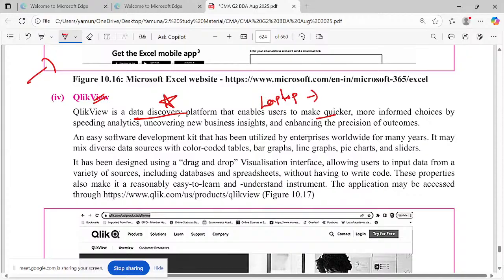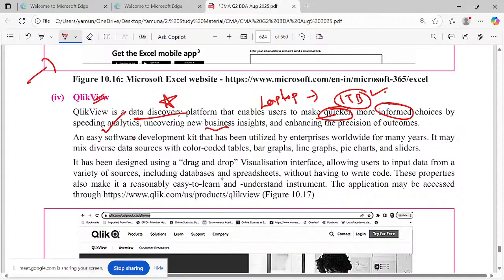I want to know the features, like how much hard disk capacity is needed. So probably I might be planning for 1 TB or more than that. So obviously I go for filtering. So that's a filter option. It may be helpful for you in making quicker and informed choices. Speedy analytics will be there where you can get new business insights also. So this is one form of QlikView.